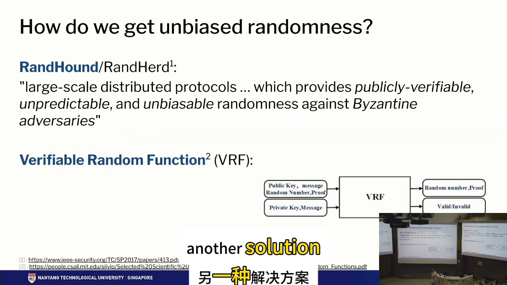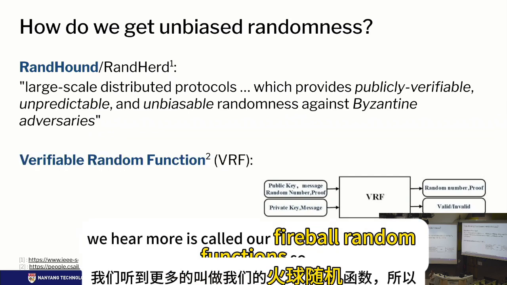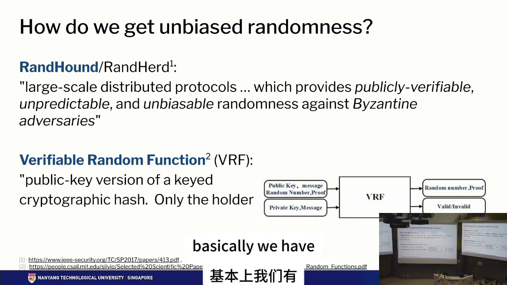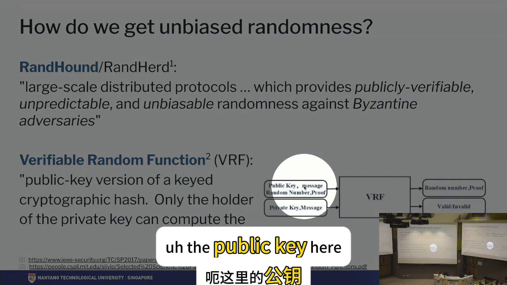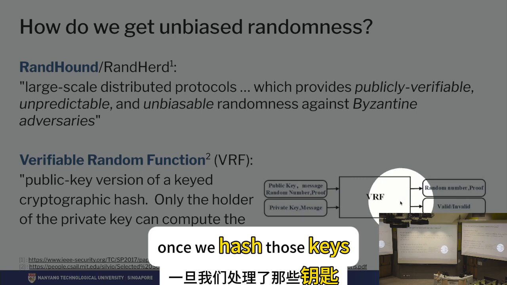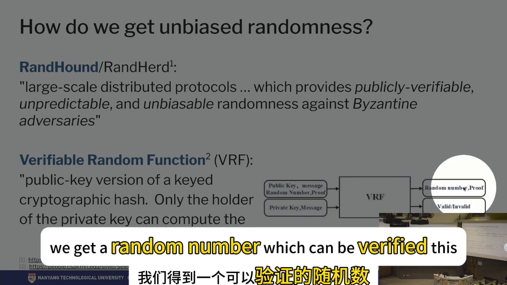Another solution we hear about more is called verifiable random functions. How do we achieve that? Basically, we have a public key and also a private key. Once we hash those keys, we get a random number, which can be verified.